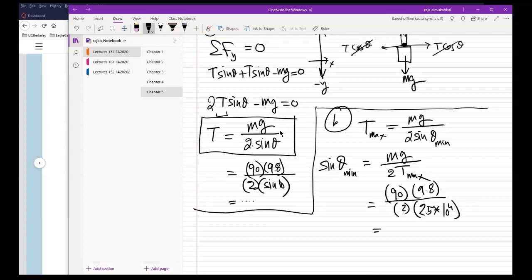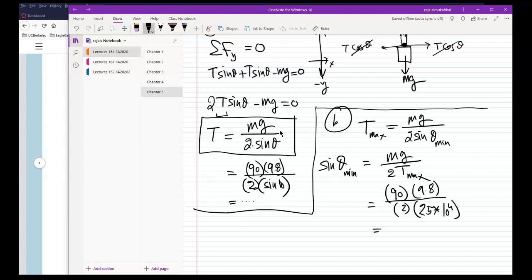And then you just calculate that. Let's do it. I'm going to do it. So I have 90 times 9.8 divided by 2, divided by 2.5 times 10 to the power of 4.